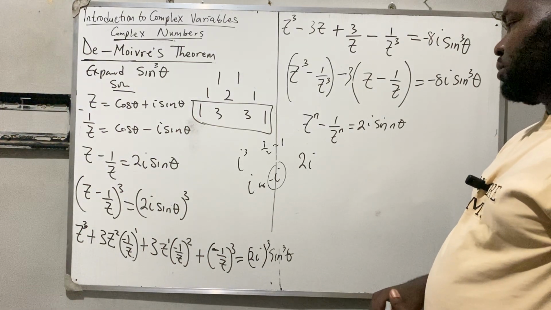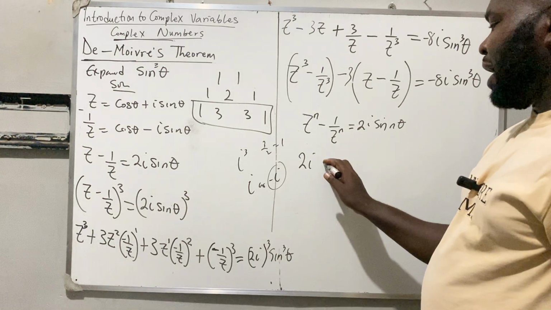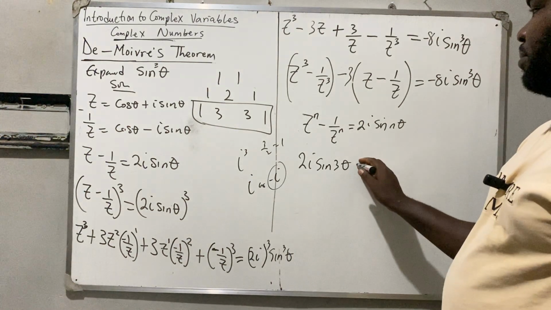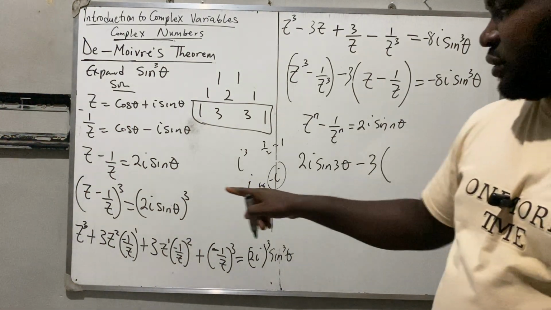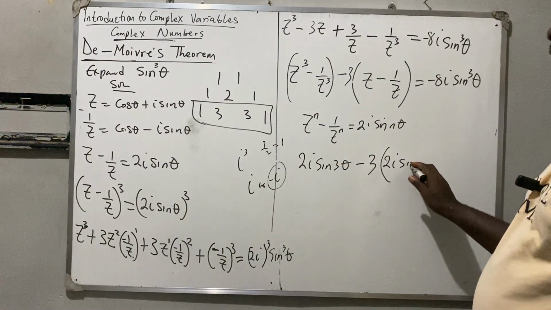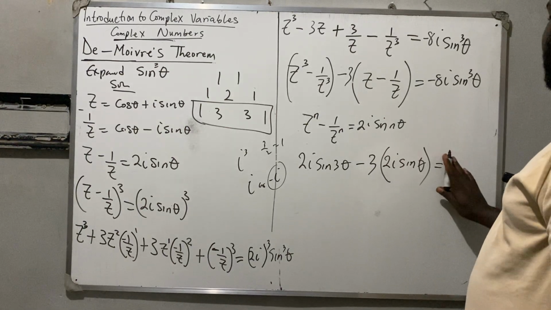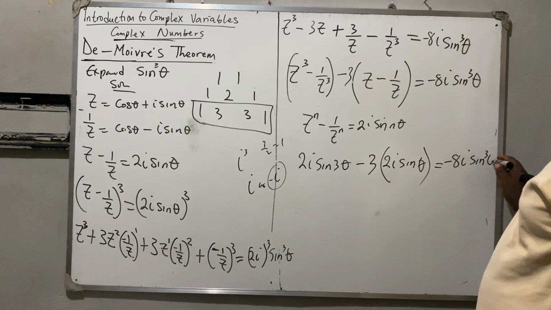So this side will give me 2i sine 3 theta, minus 3 times this side, which will give me 2i sine theta, is equal to minus 8i sine cube theta.